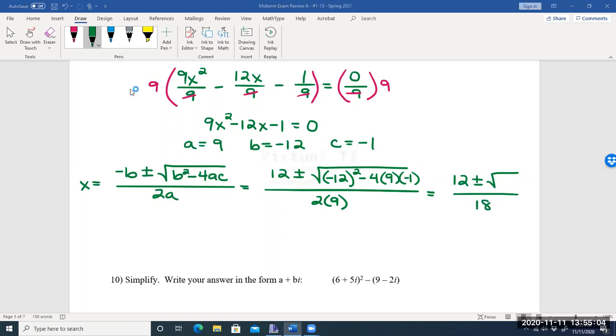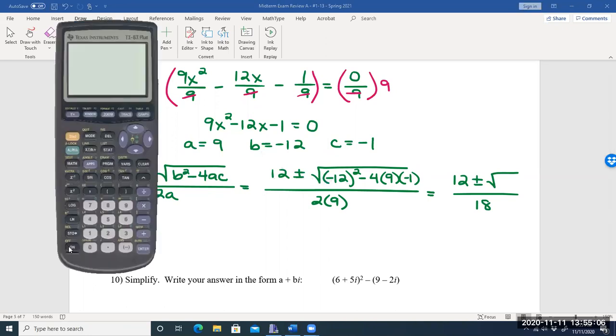So I'm going to pull up a calculator. This is a graphing calculator, but I'm not going to use any of the graphing features. I'm just going to type in negative 12 squared minus 4 times 9 times negative 1, just to show you that your scientific calculator can give you the answer.